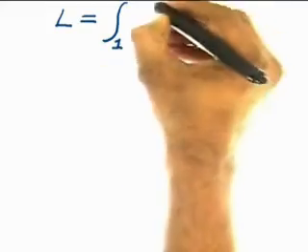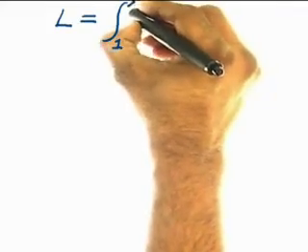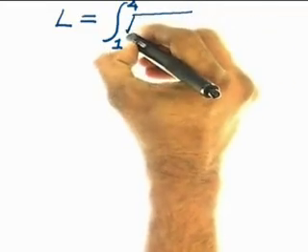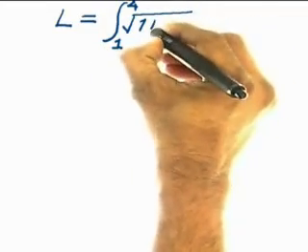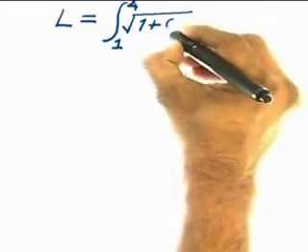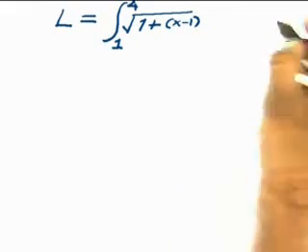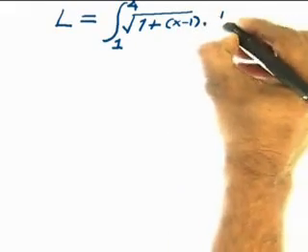x1 is given here as 1, x2 is given here to be 4, so under root of 1 plus the square of under root of (x minus 1), it is x minus 1.